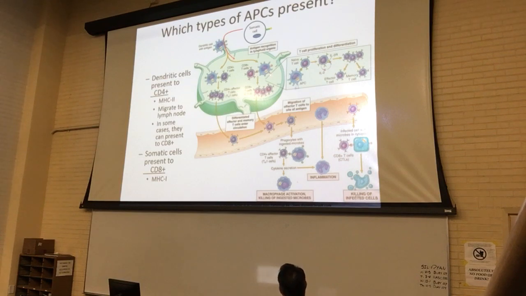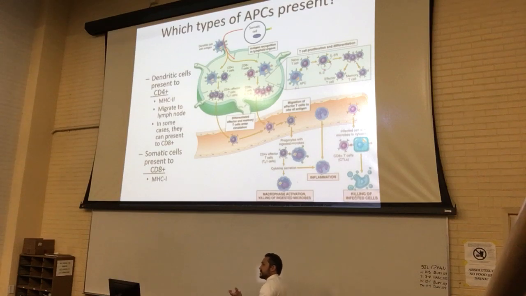Simultaneously, you can get the antigen presenting cell presenting to CD8 positive cytotoxic T cells. We talked over here about the activity that needs to happen, where you've got interleukin 2 being released, binding back to the T cell. So now this is an autocrine co-stimulation event, triggering the production of memory T cells and effector T cells.